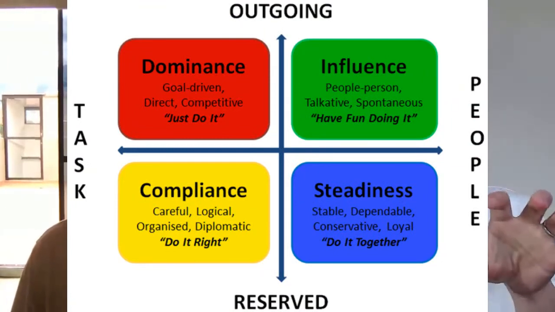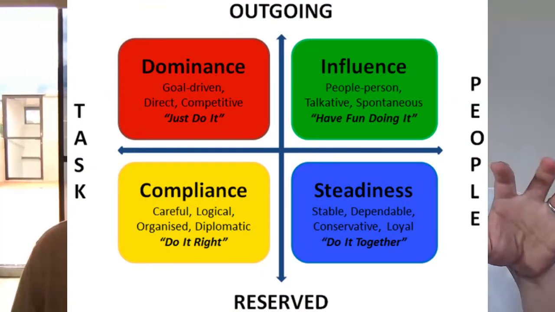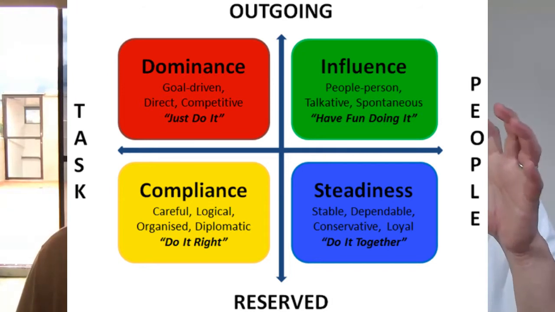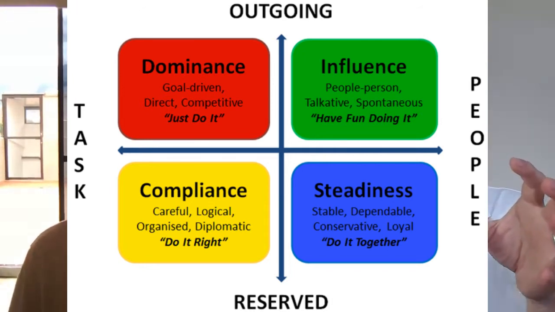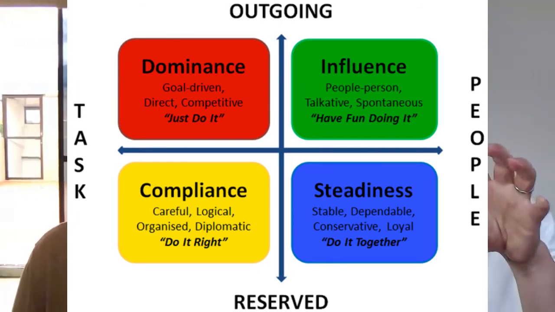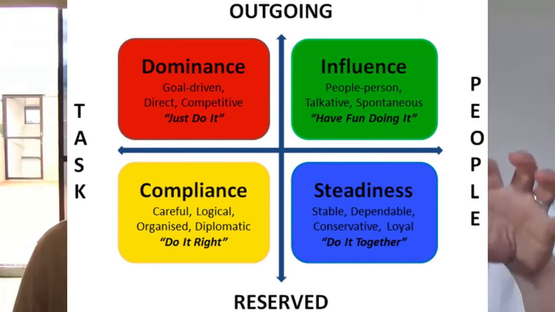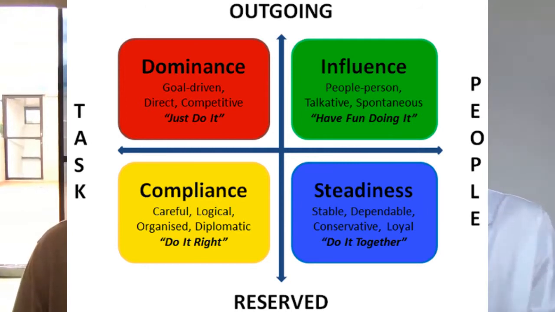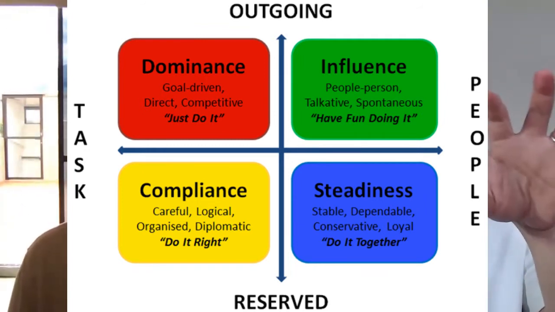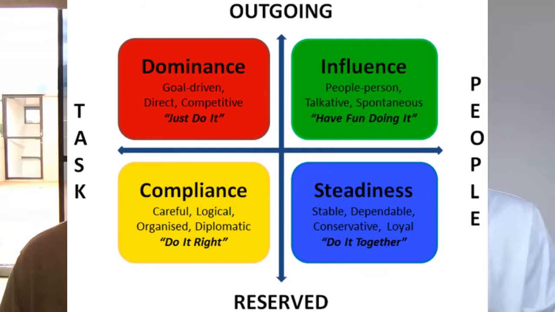They could be a CI, which is an engineer, which is very rare to have, by the way, a very analytical type person that likes to go out and have fun. Usually it's a CS, right? An engineer that's steady, or a DI kind of individual. So usually, like I said, there's a primary personality type and then a secondary personality type.